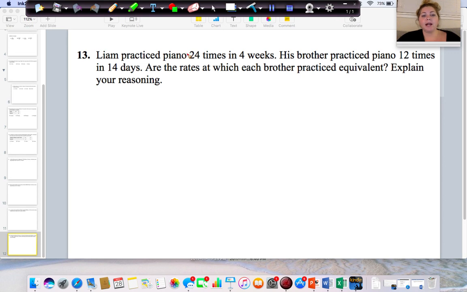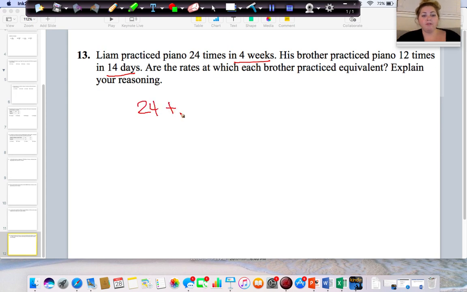Okay, it says Liam practiced piano 24 times in 4 weeks. His brother practiced piano 12 times in 14 days. Remember, this says weeks and this says days. That's important. Are the rates at which each brother practiced equivalent, which means are they equal? And it says explain your reasoning.